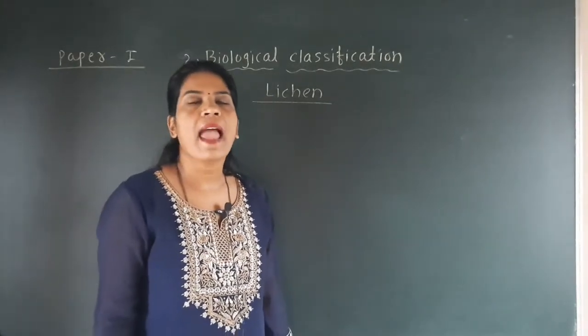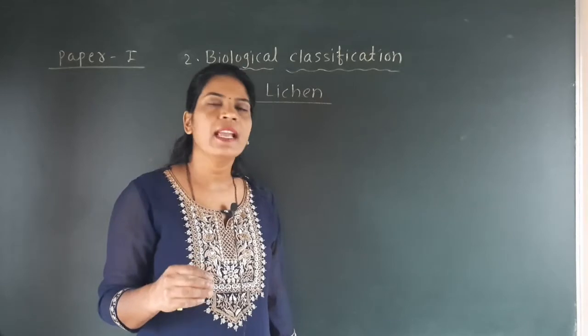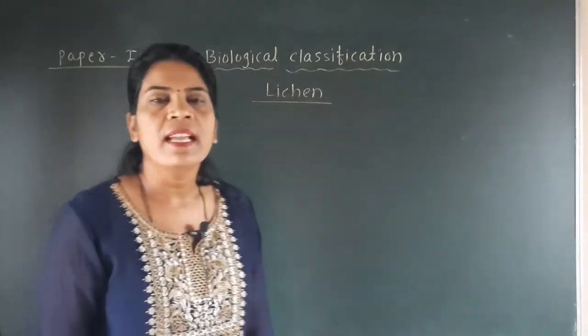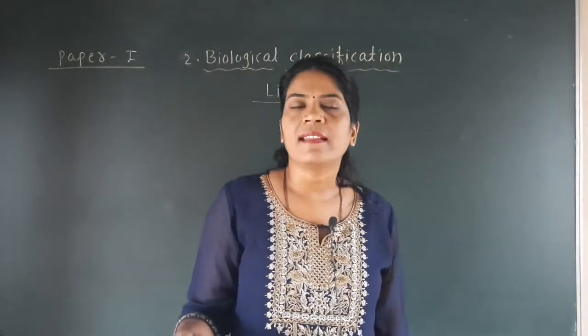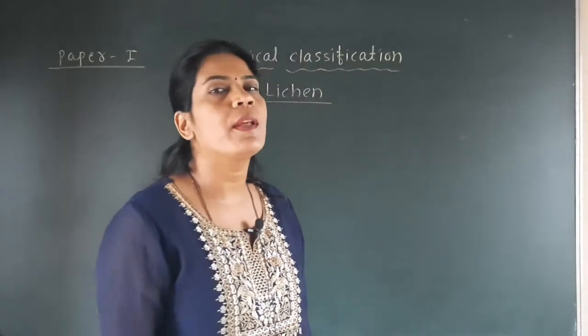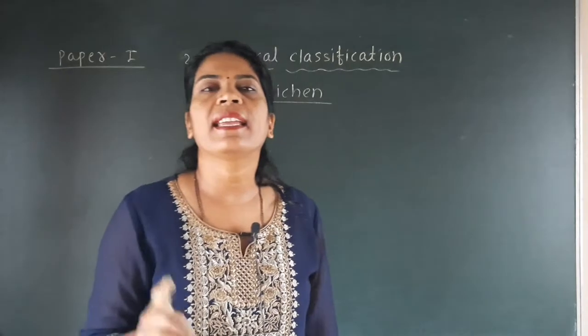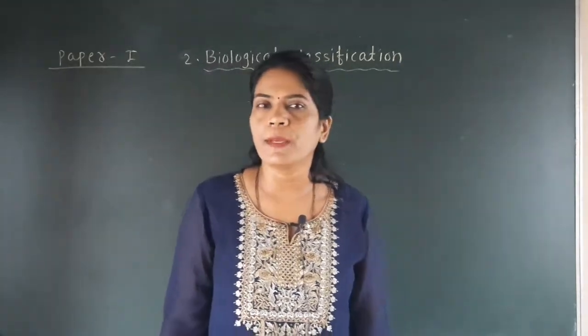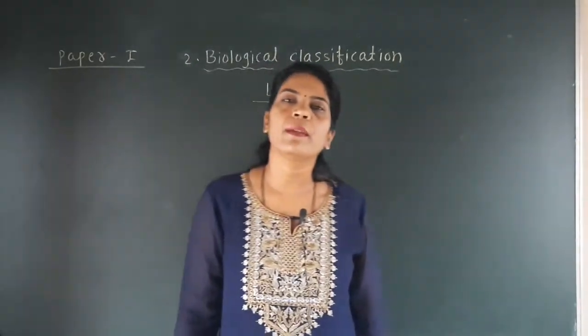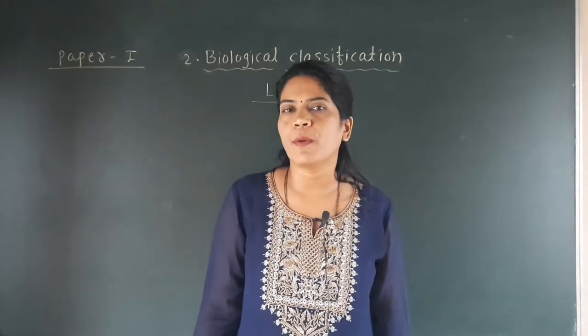These lichens have different pigments. Lichens have different pigments like plants, and that's why lichen can prepare its food. So the first thing you should know is that lichen has different types of pigment, and according to the pigment it has a different color.